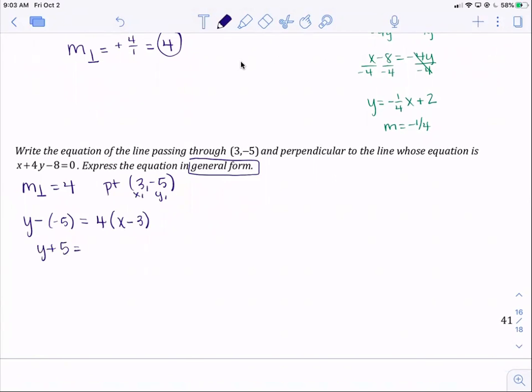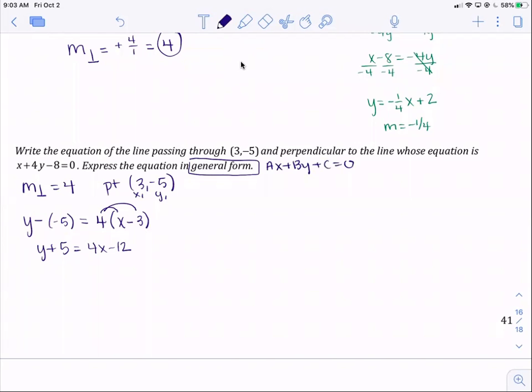And I'm going to go ahead and distribute since we're going to general form. So 4x minus 12. Sorry about that. Okay, so now to get into general form, remember that's ax plus by plus c equals 0.